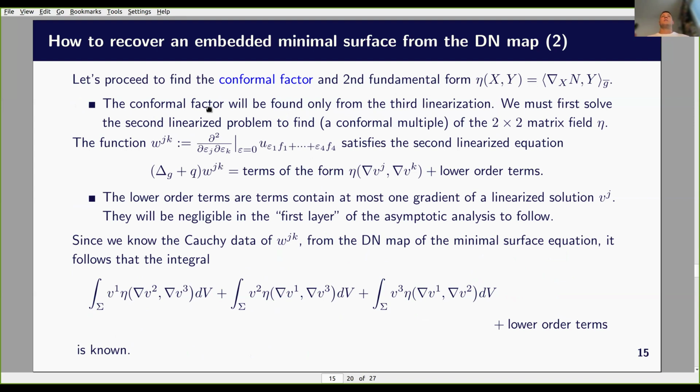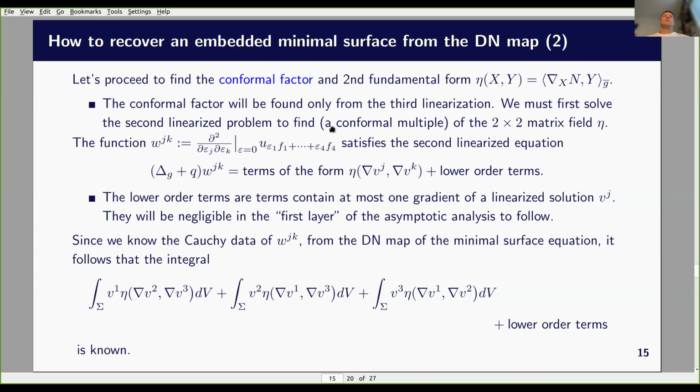However, we first must solve the second linearized inverse problem to find a conformal multiple of the 2 times 2 matrix eta. Eta is the second fundamental form. So at this stage, we want to recover a 2 times 2 matrix somehow.